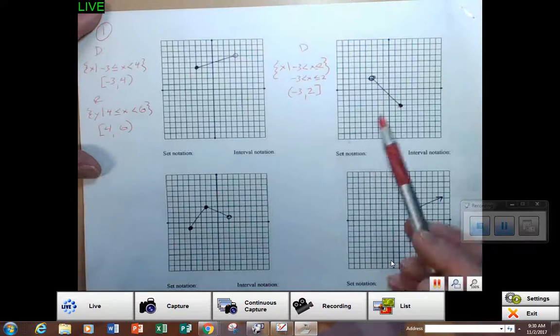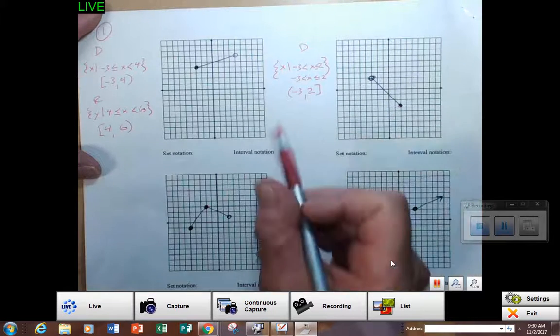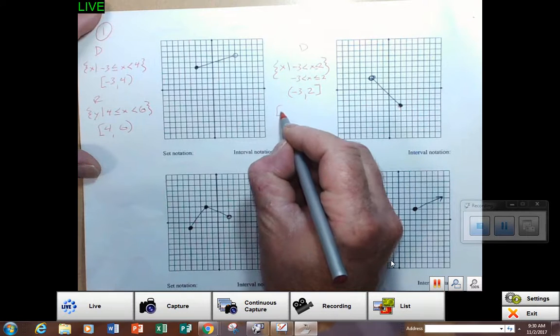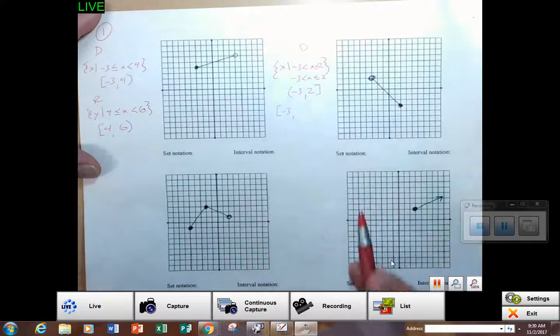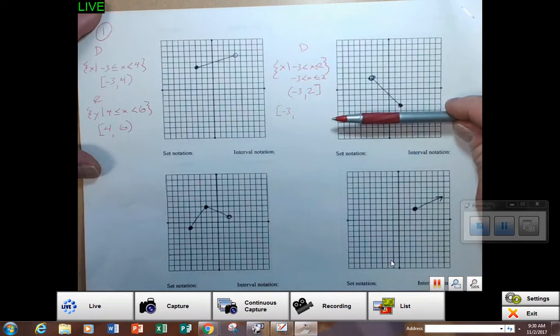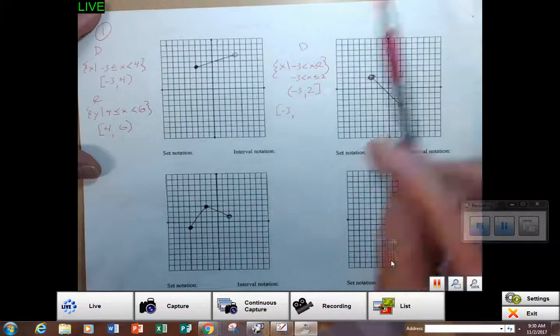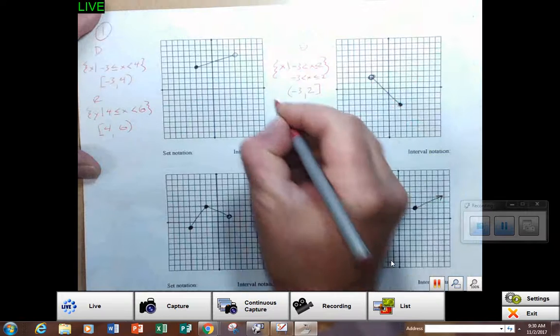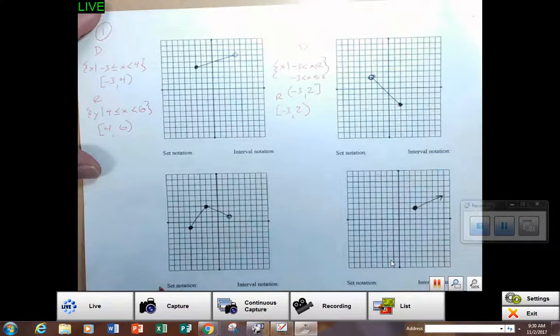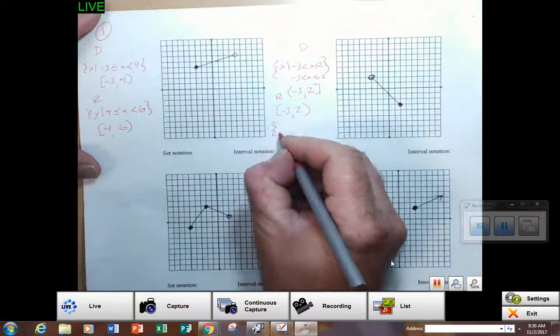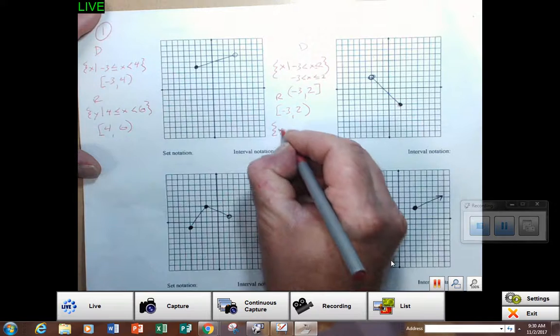My range, measured from bottom to top, goes from square bracket -3, and sorry, I'm doing interval notation first, from -3 up to 2, rounded bracket. That is my range in interval notation. For set notation, put that y right there instead of x.